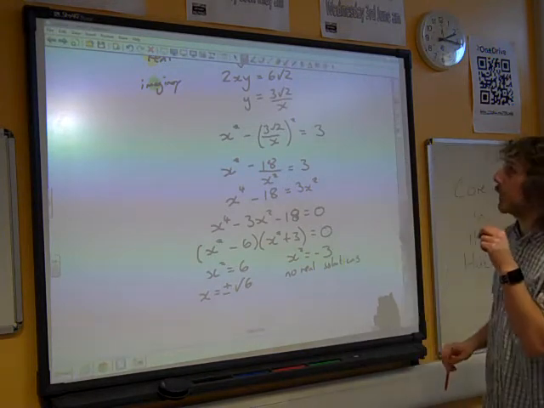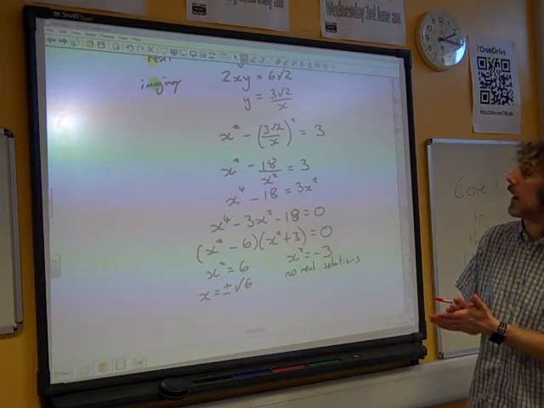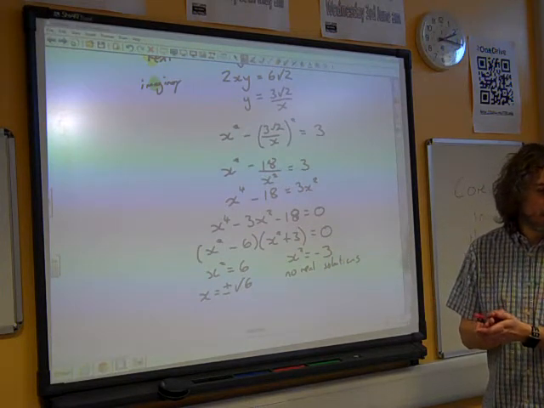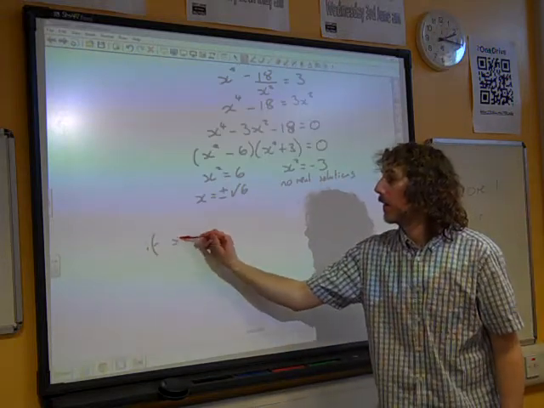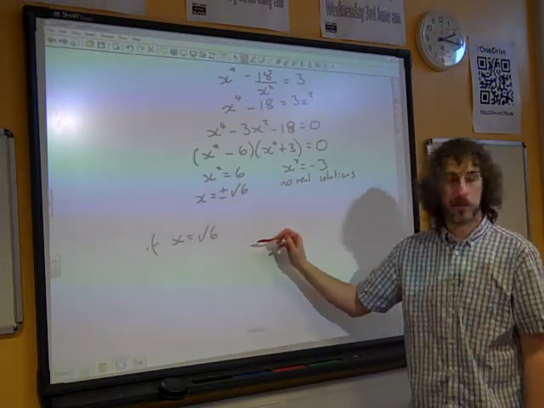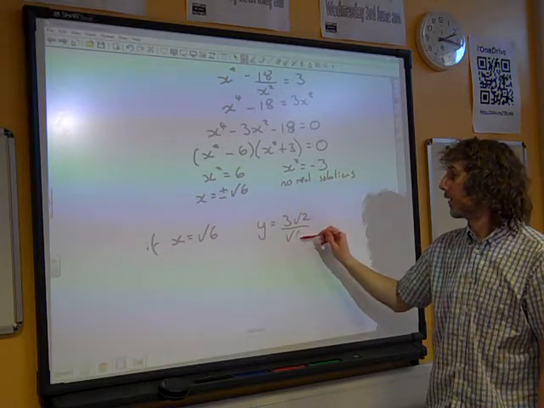Now if we go back to our start point, we had y was 3 root 2 over x. So we need to work through with that. If x is plus root 6, y is 3 root 2 over root 6.